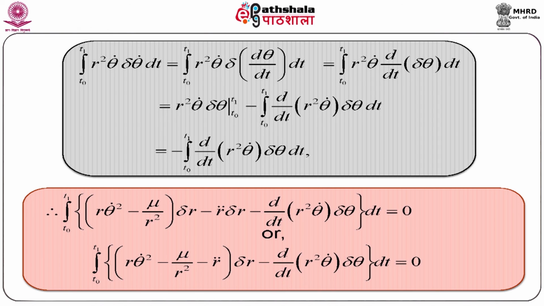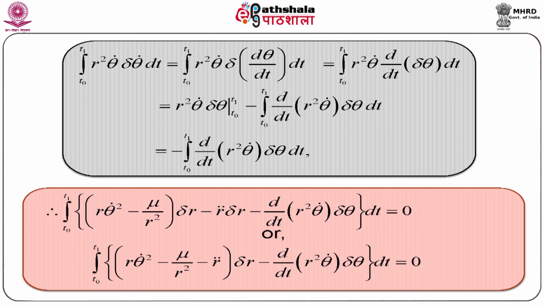Since the end configurations are prescribed, delta theta at T0 vanishes as well as delta theta at T1 vanishes. Using this, we get integration T0 to T1 r square theta dot delta theta dot dt equal to minus integration T0 to T1 d dt of r square theta dot delta theta dt.